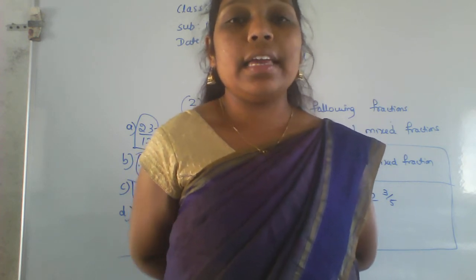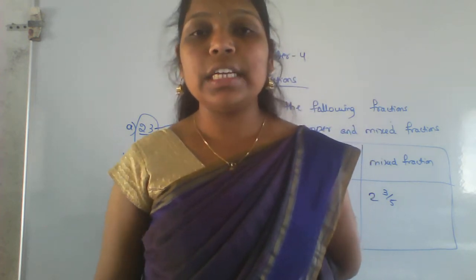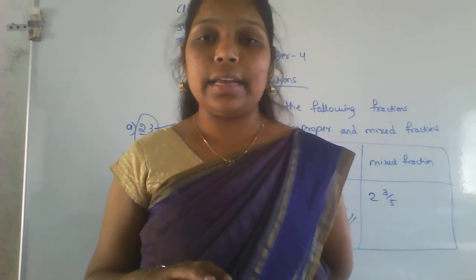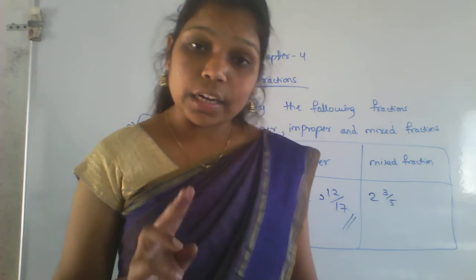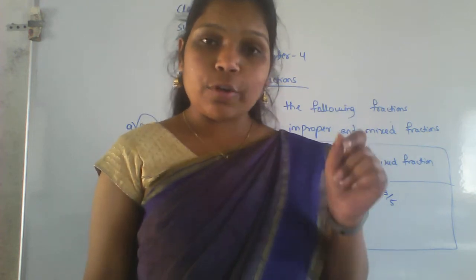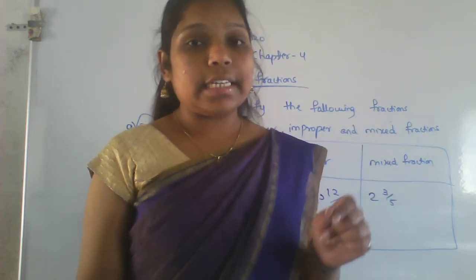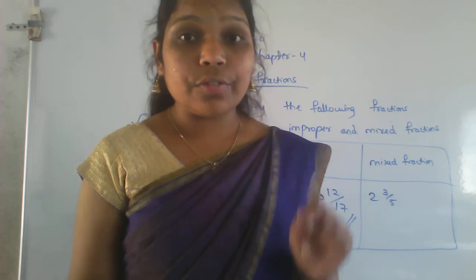If we multiply the numerator by 2, then we multiply the denominator 3 also by 2. Means 2 2s are 4, 3 2s are 6. That is the equivalent fraction.